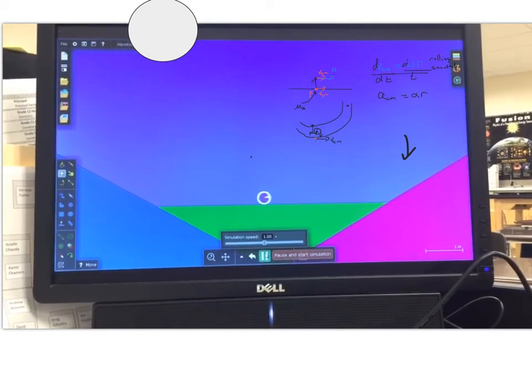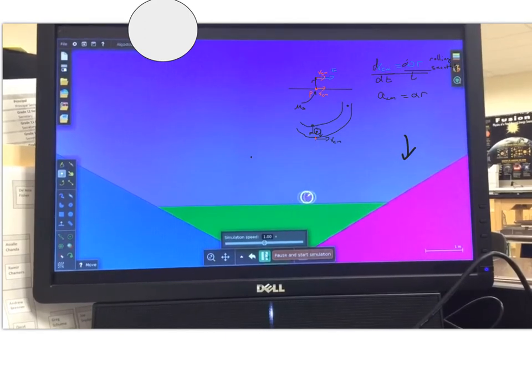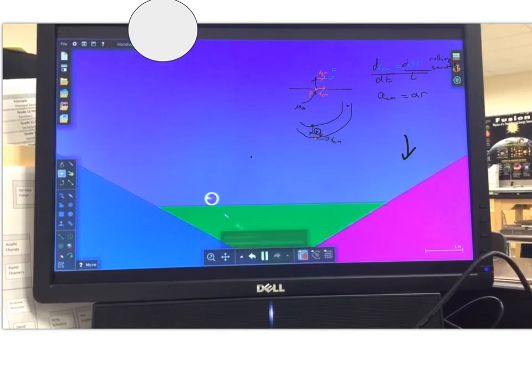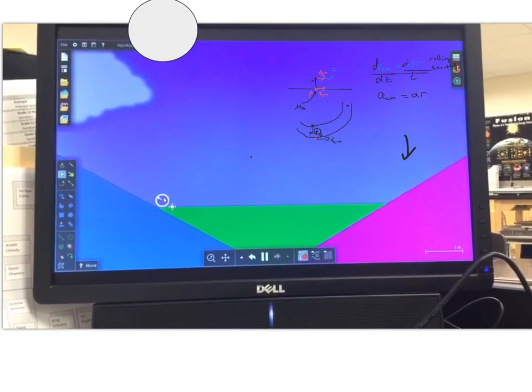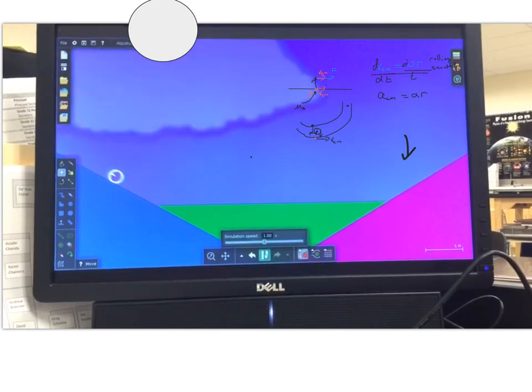And what's happening over the green surface? Is there friction on the green surface? Can you guys see that clear enough? Did the rate of rotation change? No. So there is no friction on the green surface. So is friction necessary to have an object roll at a constant speed?